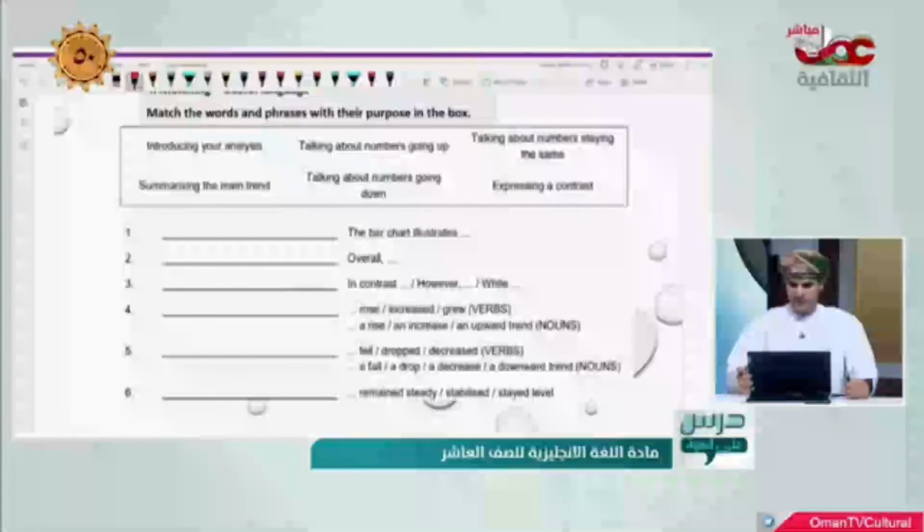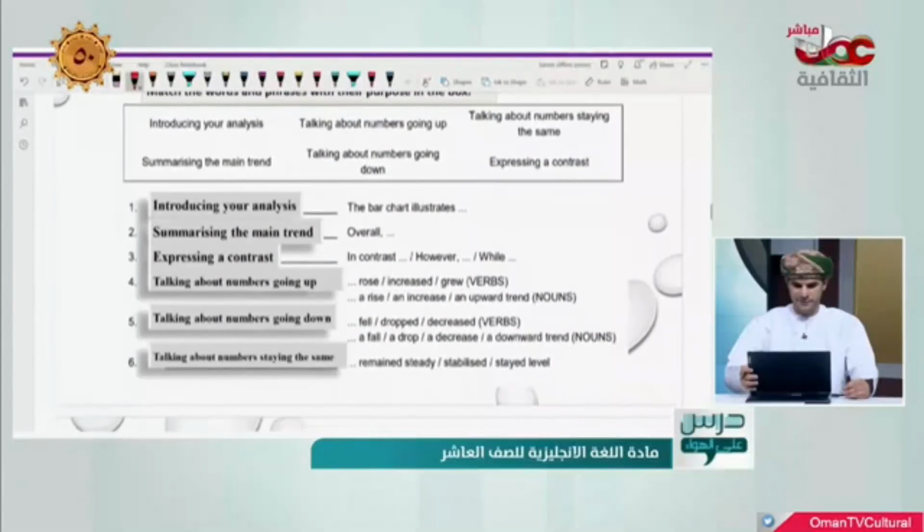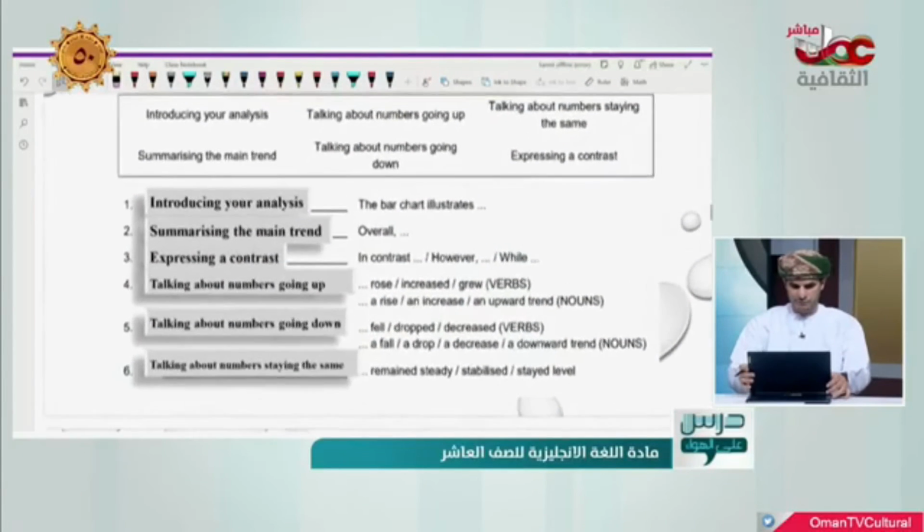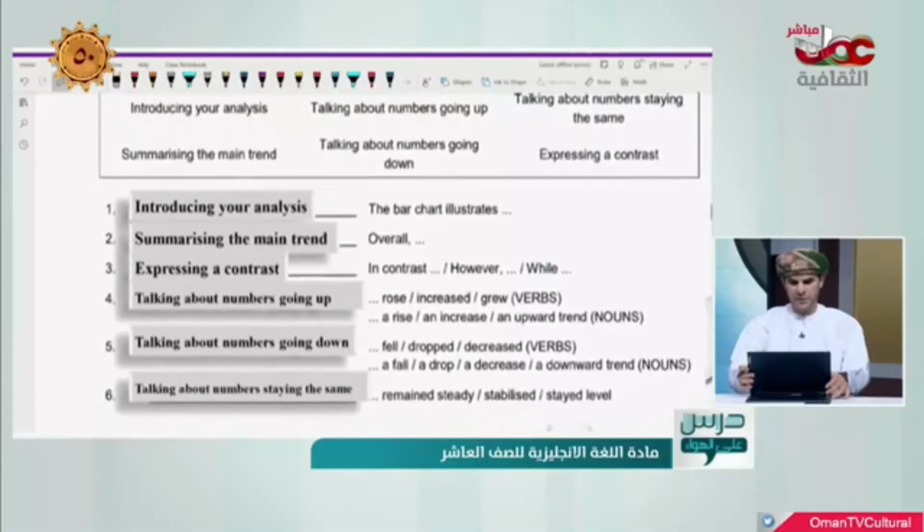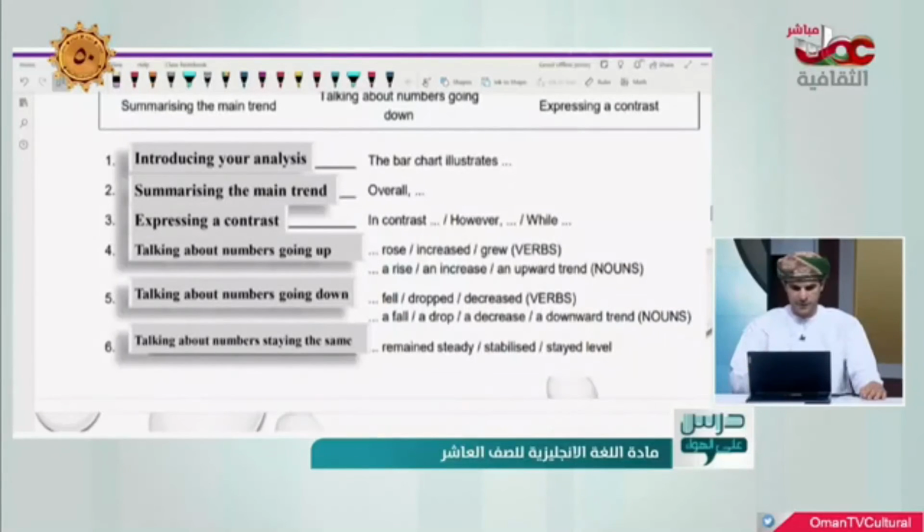Let's continue. So the answers are here. When you are introducing your analysis, you say the bar chart illustrates. When you are summarizing the main trend overall, or expressing a contrast: in contrast, however, while. Use such phrases and words. When you are talking about numbers going up, if you are using verbs, use rose, increased, grew.